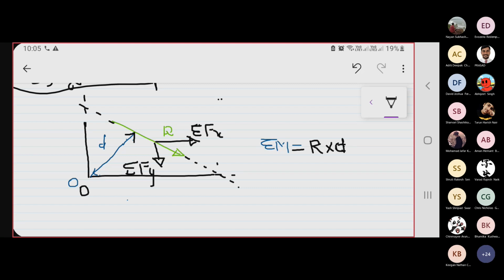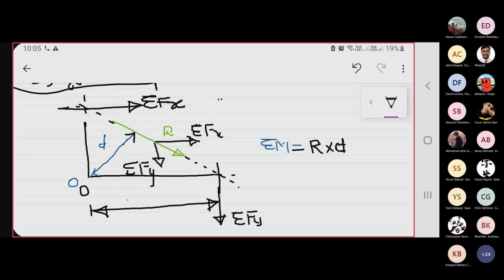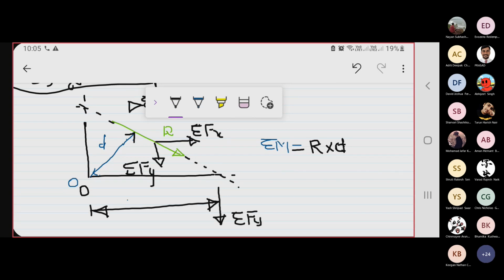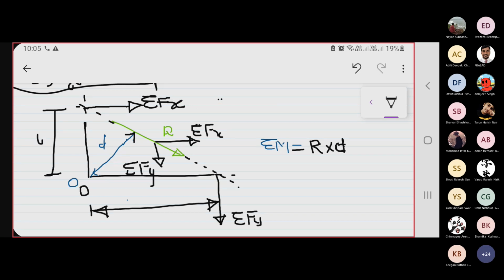Now, if you consider this force intercepting the x-axis at a distance of x, we can say summation of Fx along the line of action, and similarly at a distance of y.